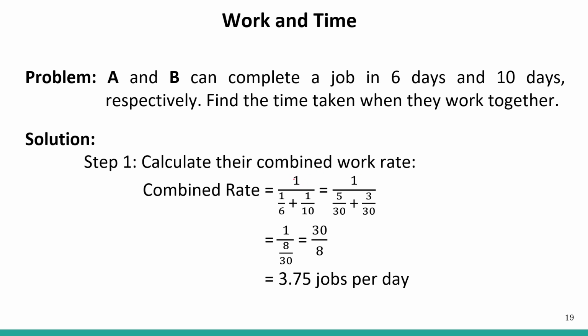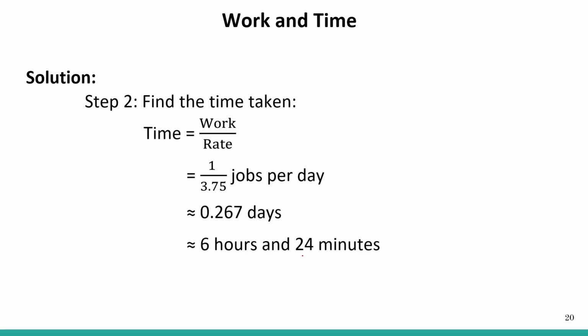Combined work rate will be 1 by 6 plus 1 by 10, that is equal to 8 by 30, so 3.75 jobs per day is the correct answer. In step 2 we find the time taken. Work by rate is equal to time. So 1 by 3.75 is equal to 0.267 days, so 6 hours and 24 minutes is what they take to complete the task.